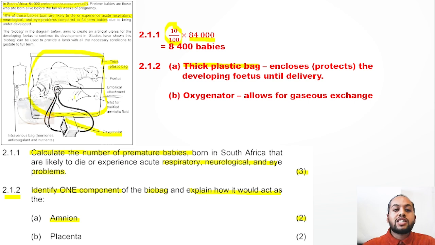Of all the functions of the placenta, we think which one is best going to coincide with the oxygenator. What would the oxygenator most likely do? It's going to carry gases. It's going to allow for gaseous exchange. And that is the function that coincides with the function of the placenta. So therefore we say the oxygenator acts as the placenta because it allows for gaseous exchange.